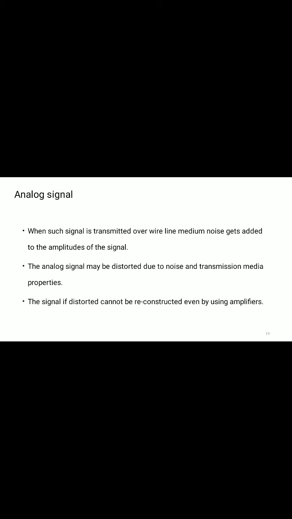When the analog signal is distorted by noise, we cannot reconstruct it even by using amplifiers. What is the purpose of amplifiers? Amplifiers just boost the signals but do not eliminate the noise.